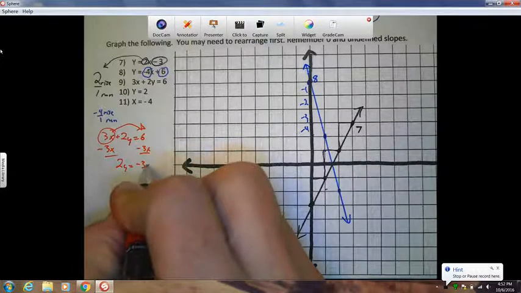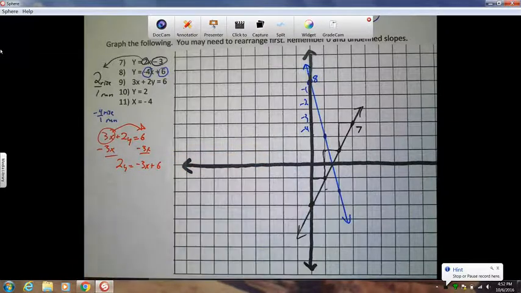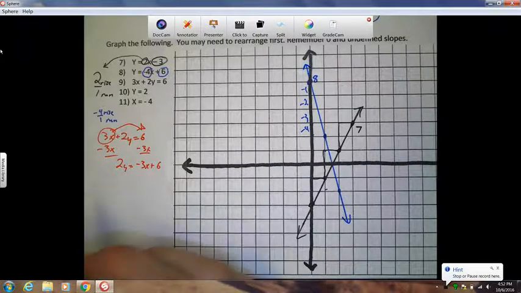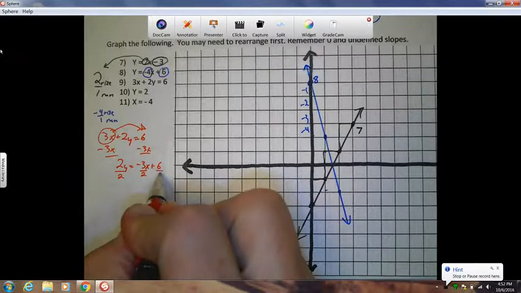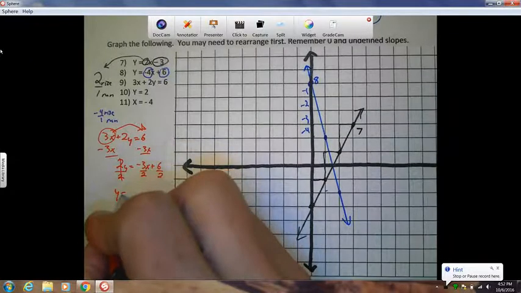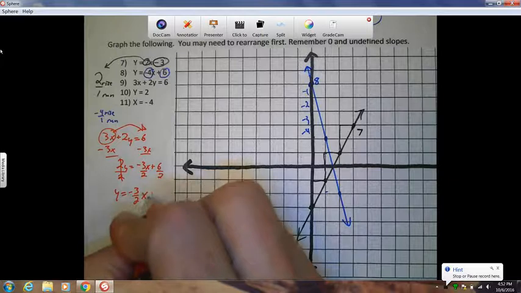So I had to subtract 3x on both sides, so I can move that over to the other side. And I have 2y. So I don't want 2y, I want y.